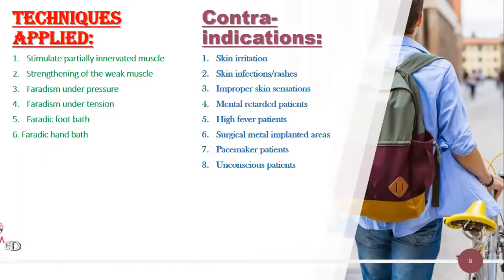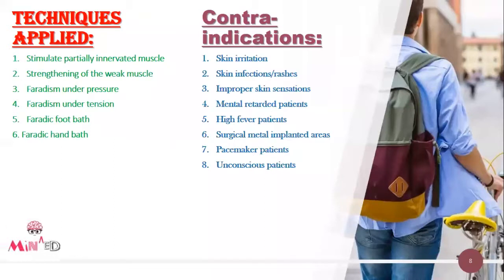Partially innervated or partially denervated muscle means there is some nerve supply to that muscle. The muscle cannot perform the full muscle action, and there is not full sensory and motor supply. There is partial sensory and motor nerve supply.